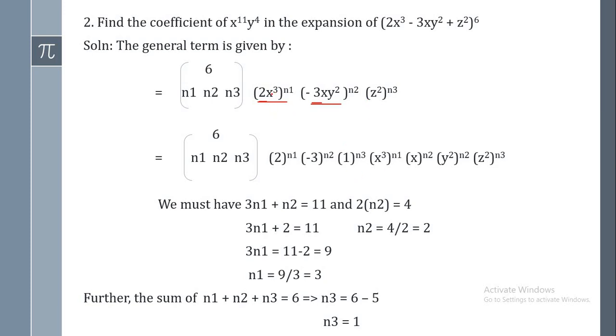Next, coming to the variable part, we will get x cube power n1, x power n2 and y power n2, splitting the two variables x and y here, and z square power n3. These two terms, since the bases are the same, by the laws of indices we can write x power 3n1 plus n2.